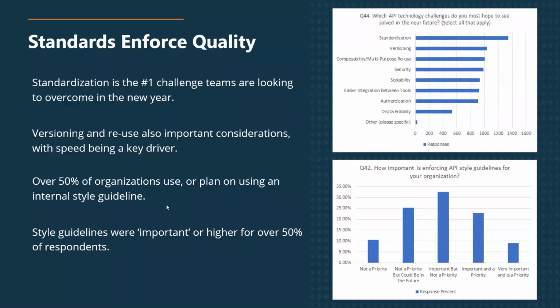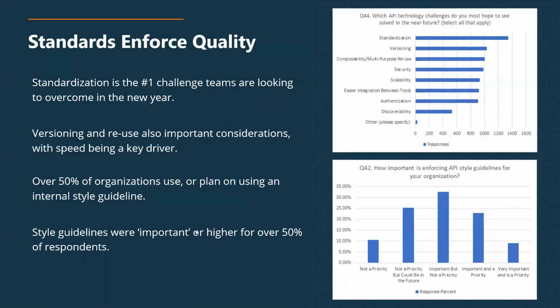We also have here that over 50% of organizations use or plan on using internal style guidelines. This is quite a common approach that we're seeing lately. A lot of companies might not have style guidelines in place at the moment, but they're starting to come up with a list of guidelines that they want their API definitions to follow.